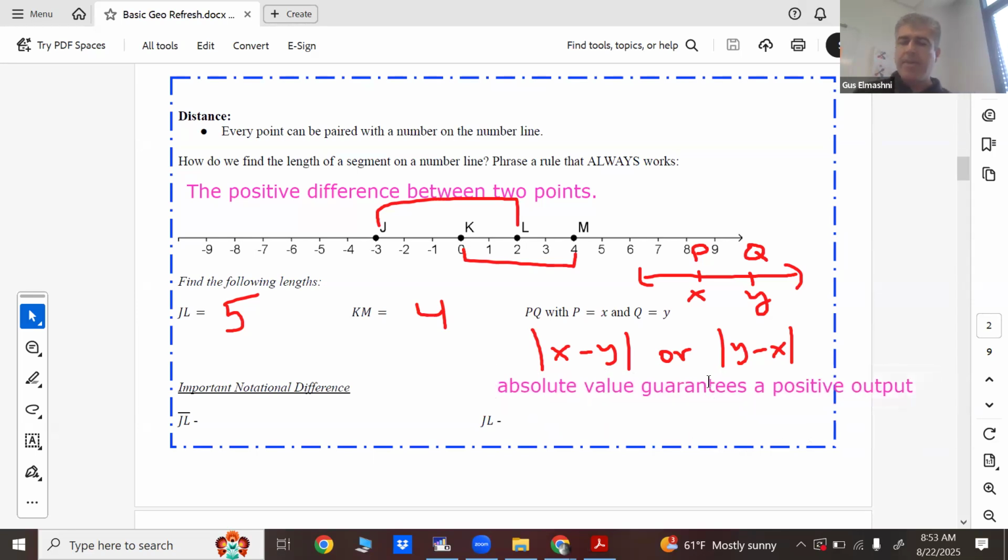Now, this is a notation thing that is kind of funny, and I'll be honest, I actually didn't know this till yesterday. So I'm learning new stuff too. If you see this right here, that means line segment, like the line above the letters. So what does that mean? That's simply going to mean segment JL.